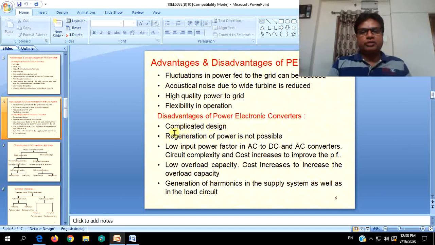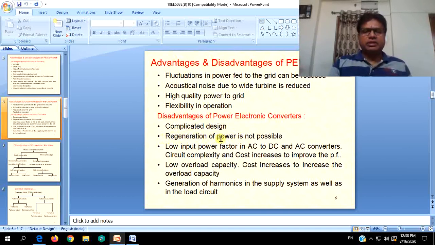Regeneration of power is possible in case of electrical machinery or other mechanical things. Even in automobiles also, by using flywheels, you can at least store and feed it back when required.